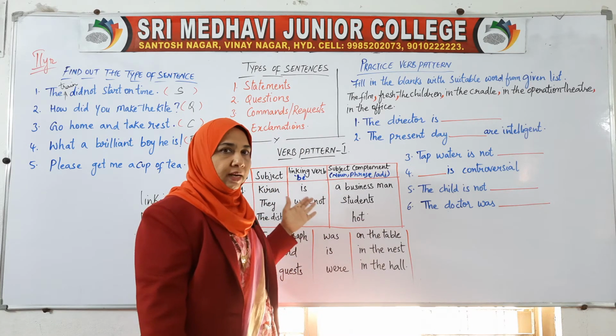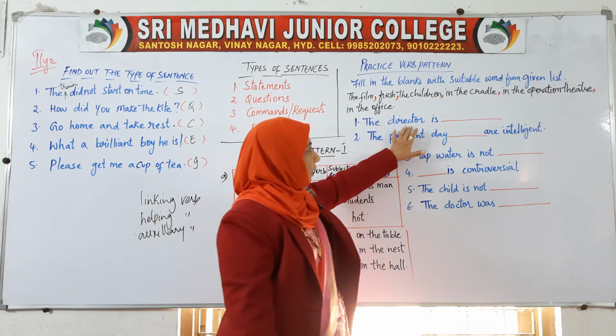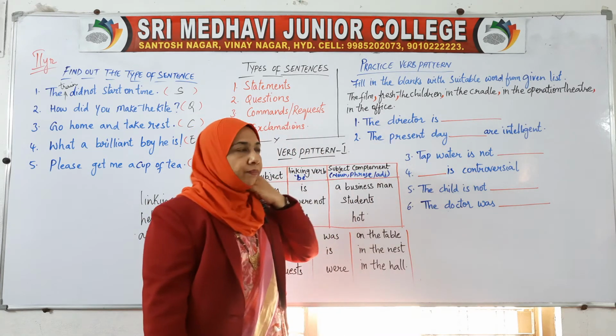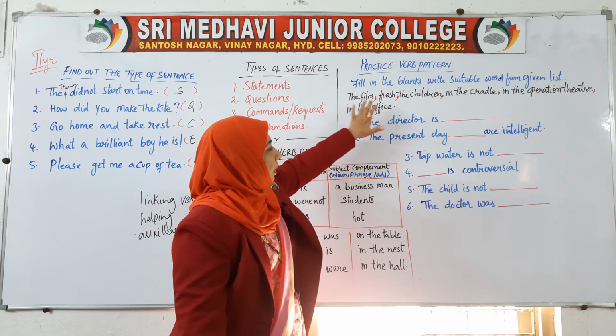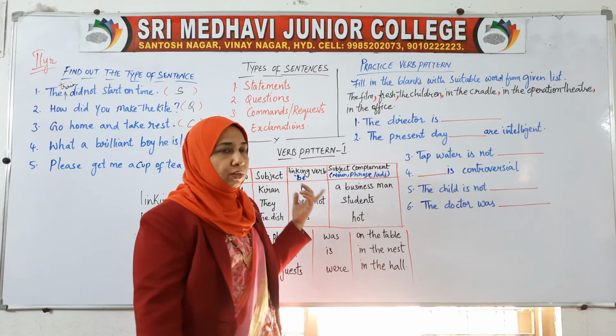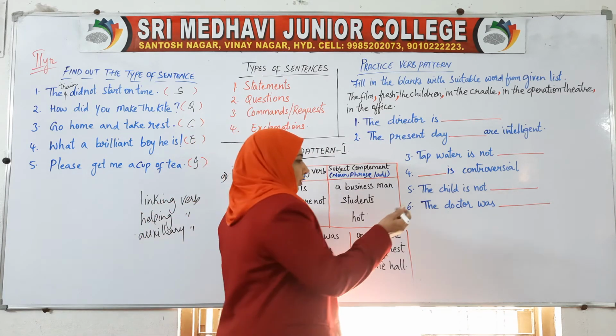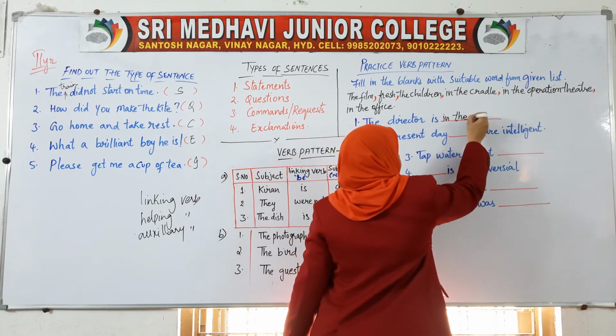So while doing that, please check it out and do this. The director is, now you have to fill up the blanks by selecting any one. Obviously, we cannot take the film, the fresh, the children, in the cradle, in the operation theatre. So we will go for in the office.